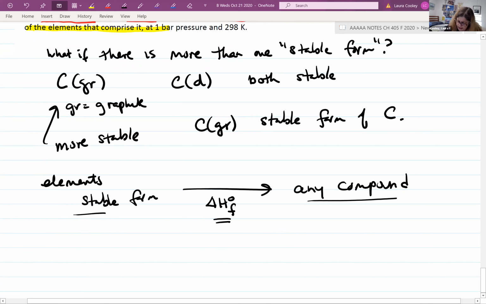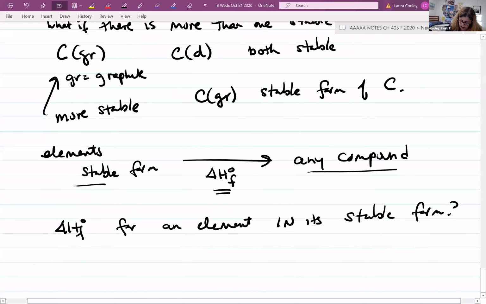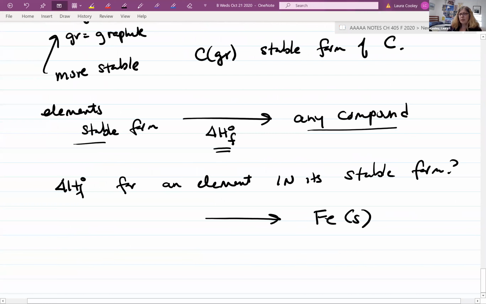So what would the delta H_f^0 be for an element that's in its stable form? In other words, let's say we're trying to form iron solid. That's the stable form of iron.